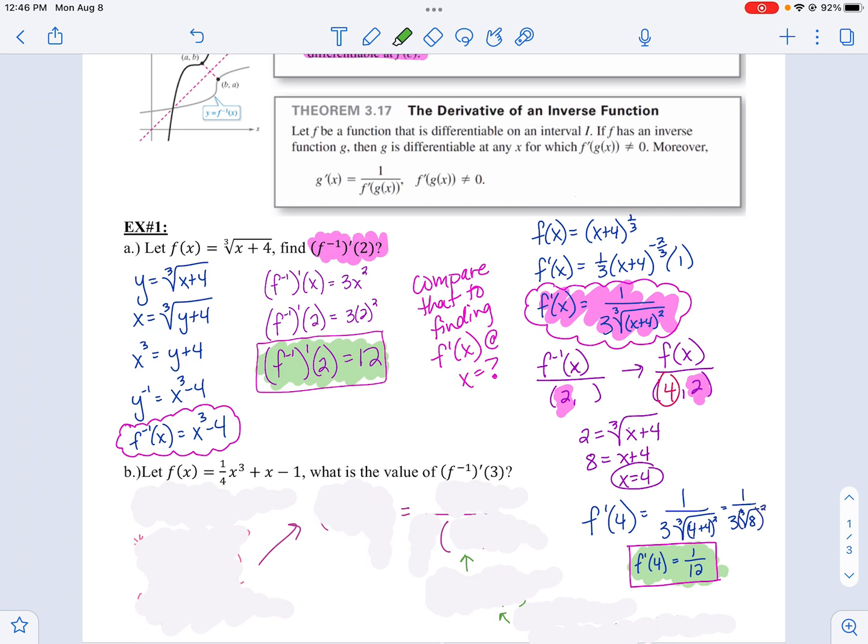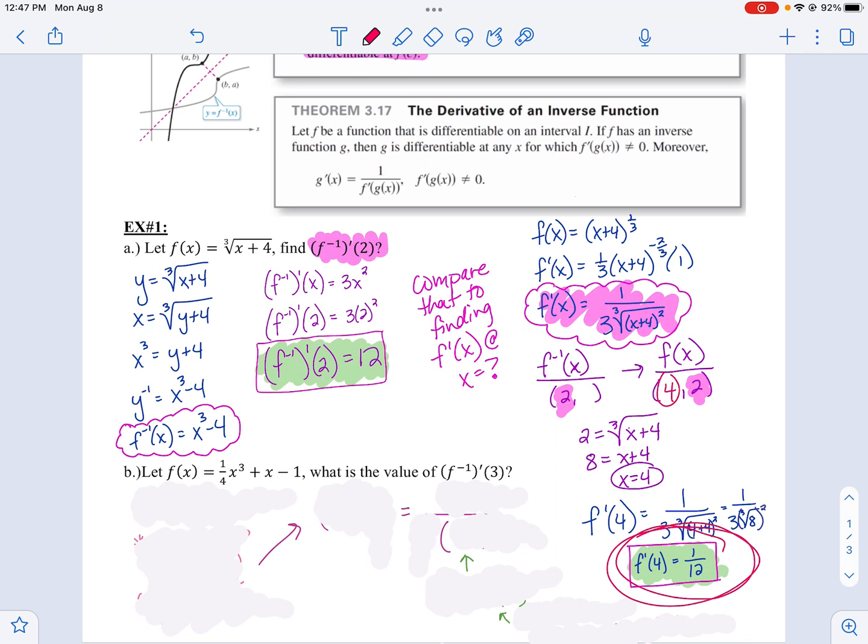And that's exactly what the theorem is saying, that if I can find the derivative's value at the y value of the inverse, because their x's and y's are switched, it's always going to be the reciprocal of the inverse's derivative at his x value.